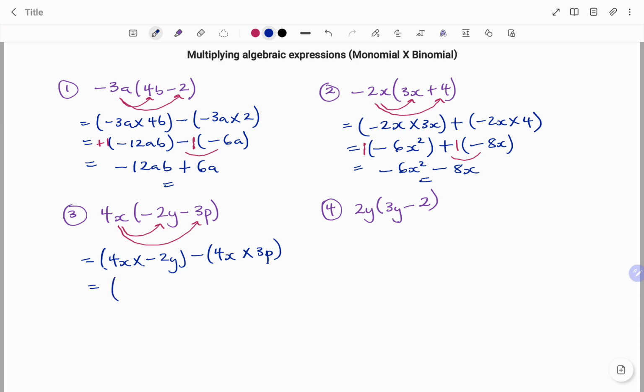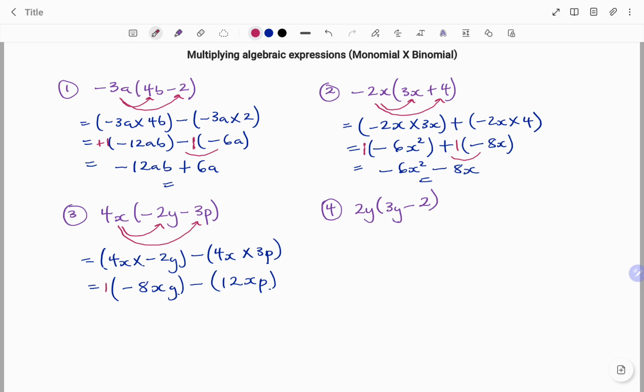That will give me 4x times minus 2y, 4 times minus 2, that's minus 8, x times y, xy, close bracket, minus 4x times 3p, that's 4 times 3, that's 12, xp.